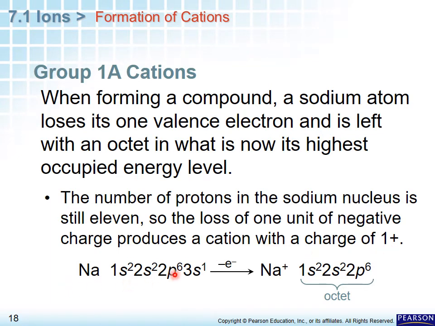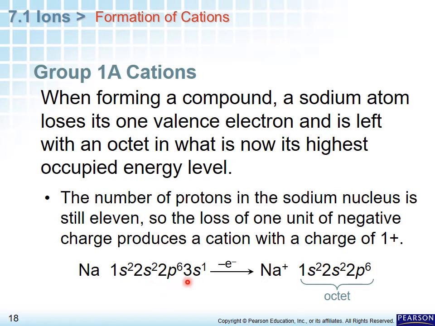You can see here the electronic configuration. 1s2 means in the first shell how many electrons? 2. 2s2, 2p6, so altogether how many electrons? 8 electrons in the second shell. So 2s and 2p combined together make the second shell.